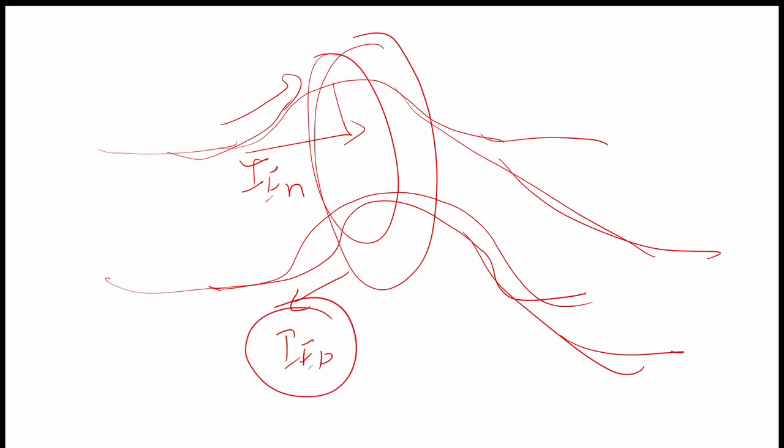Another thing is that there are two currents: one is because of the flow of the electrons, IEN, and another is because of the flow of the holes, that is IEP. There are two currents flowing at the emitter base junction.